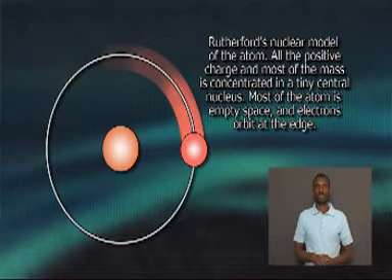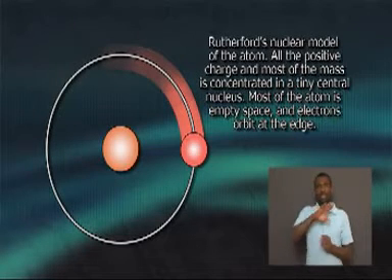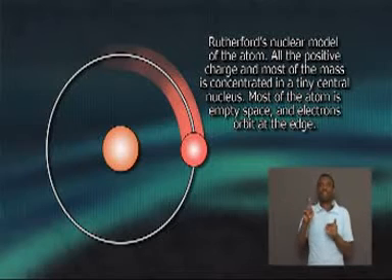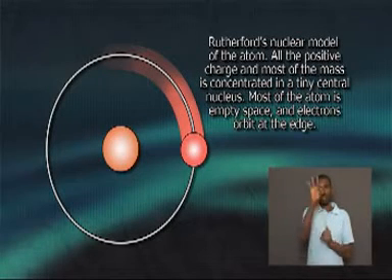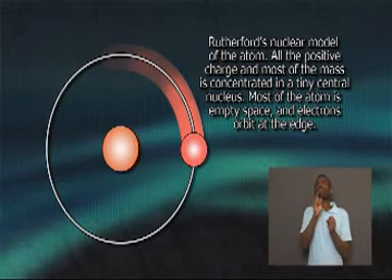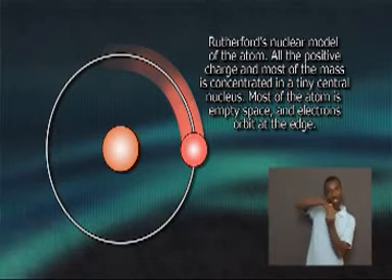Almost all the mass and the entire positive charge is concentrated on the central nucleus. Most of the atom is empty space, and electrons orbit the outer edge.